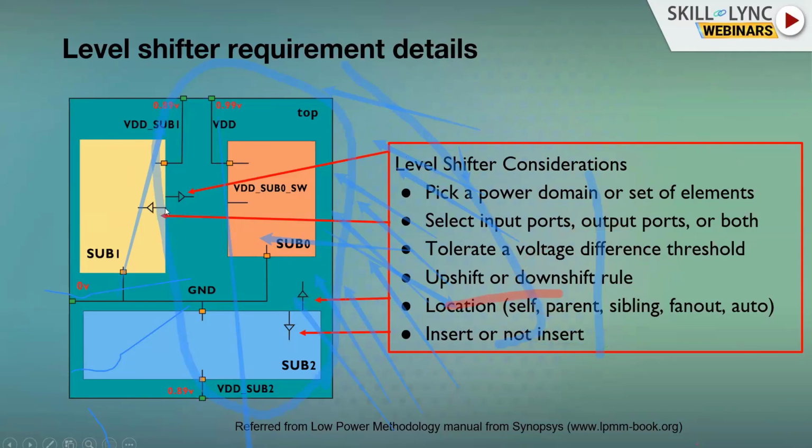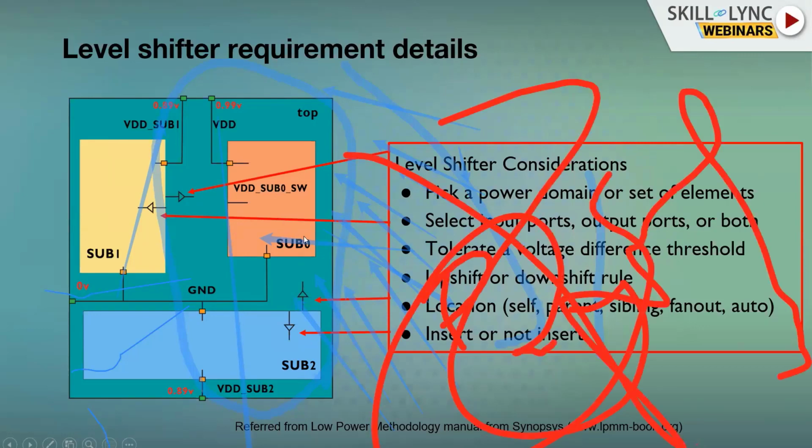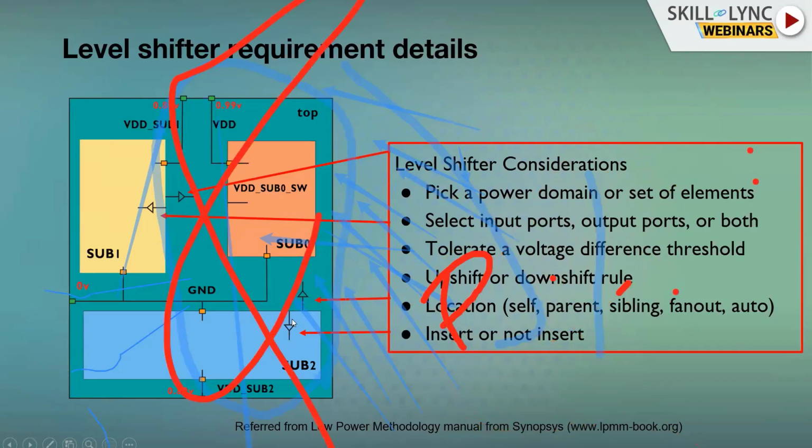So these two are the only places where we actually see the level shifter crossing. Another is the same thing with sub 2, because it is also at 0.89. Whenever it talks from top to sub 2, there also we are putting a level shifter, and in the vice versa mode. And this block is not actually talking to the other one.